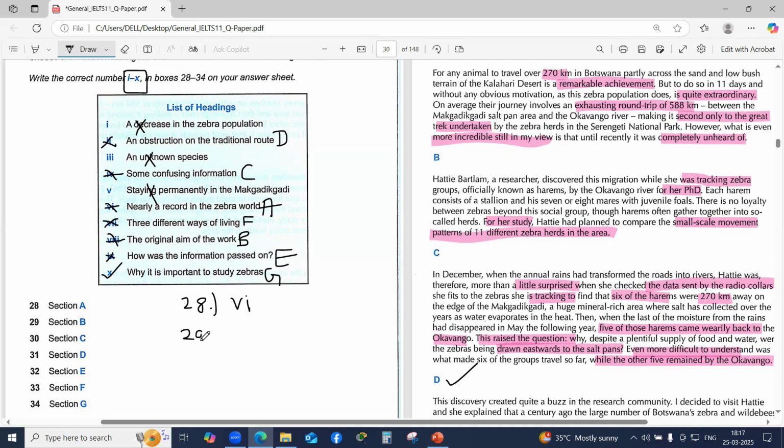Next, 29B. I'm just showing you an example. B is Roman number 8. So you do it like this. 30, section C is Roman number 4. So you have to write it next to the serial number, just the Roman numbers as dictated in the heading. So we have successfully finished list of headings.